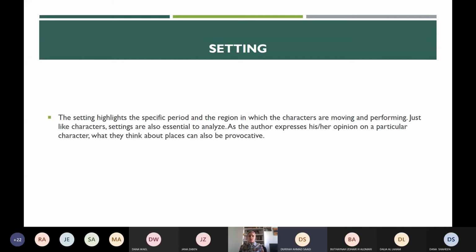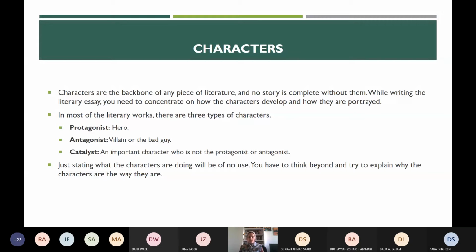Characters are a backbone of any piece of literature, and no story is complete without them. While writing the literary essay, you need to concentrate on how the characters develop and how they are portrayed.